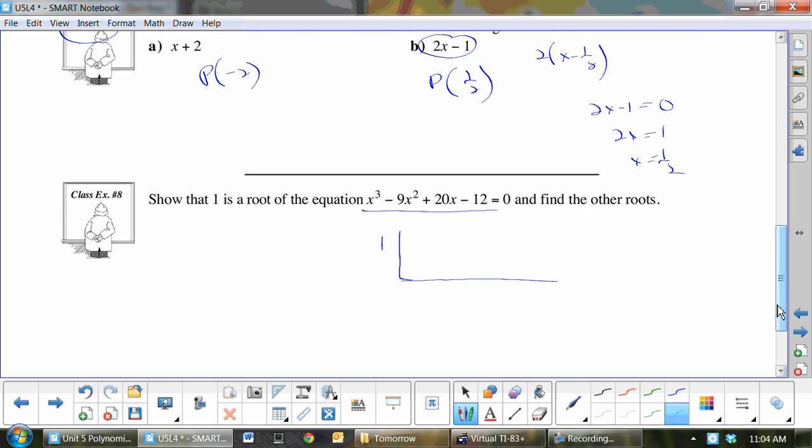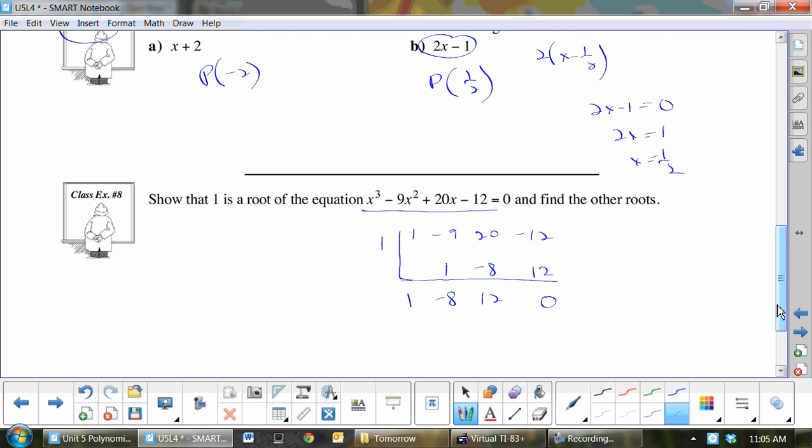Now, is there anything missing in the polynomial? No. So this will be 1, negative 9, 20, negative 12. And when 1 is the root, life's pretty easy. So drop the 1. 1 times 1 is 1. Add negative 9 plus 1 is negative 8. Negative 8 times 1 is negative 8. Negative 8 and 20, 12. 1 times 12 is 12, is 0.